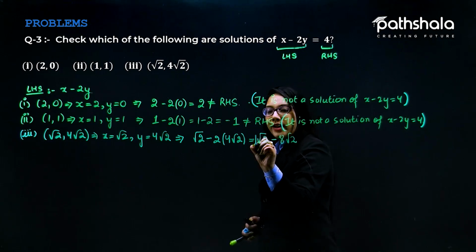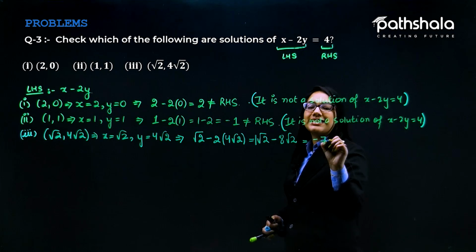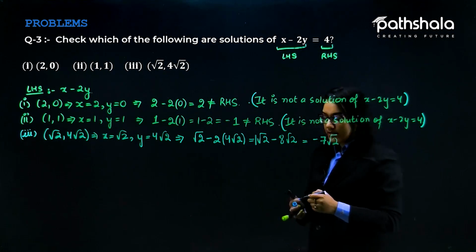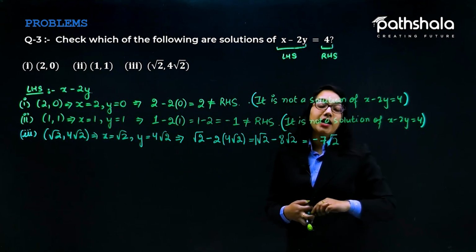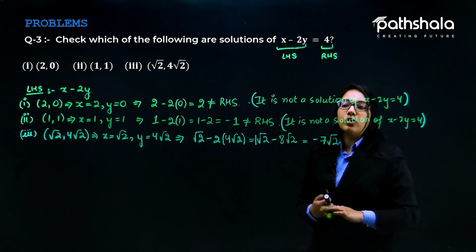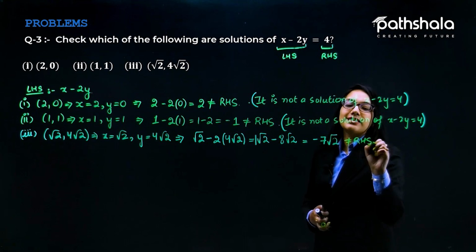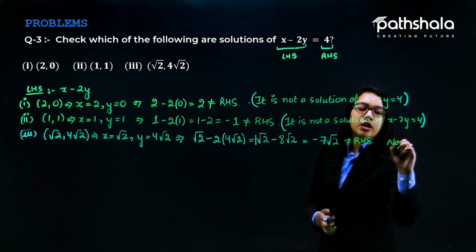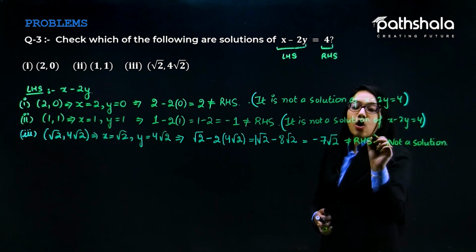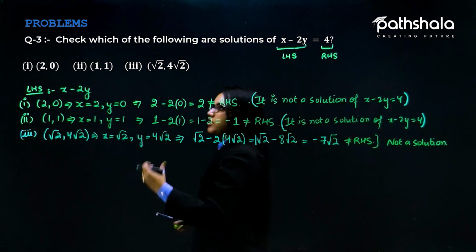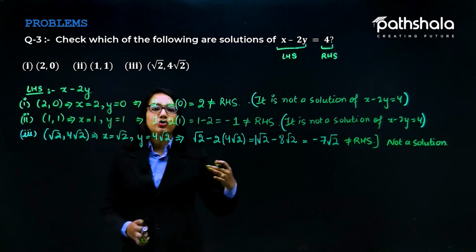So this is 1 root 2 minus 8 root 2, which is equal to minus 7 root 2. Again, definitely this is not equal to the RHS. This is also not a solution of this equation. It means all of these are not solutions of x minus 2y is equal to 4.